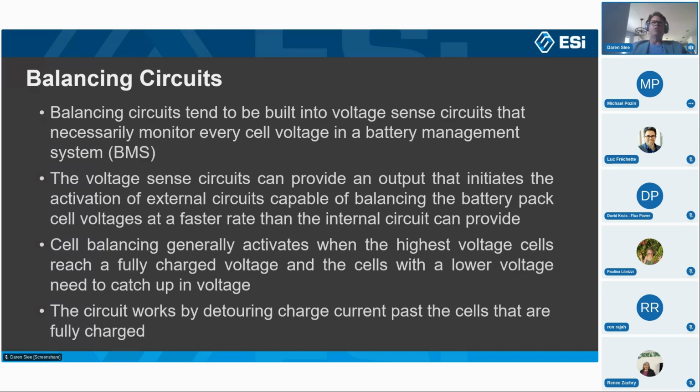If you need to balance cells much more quickly because the current rate is much higher, then they also act as a sense, but an output to turn on external switches that then detour current around the side of the cells that are near maximum voltage so that the cells at lower voltage can catch up in voltage and end up at the same end voltage. The amount of current is controlled by the resistors that are in series with the external switches.